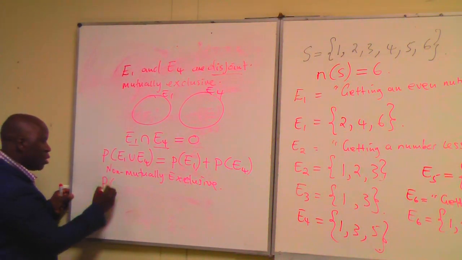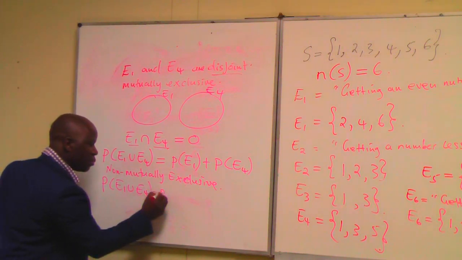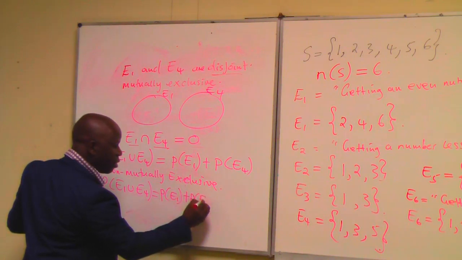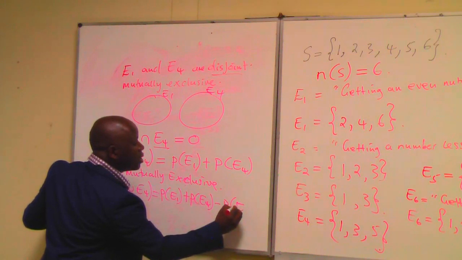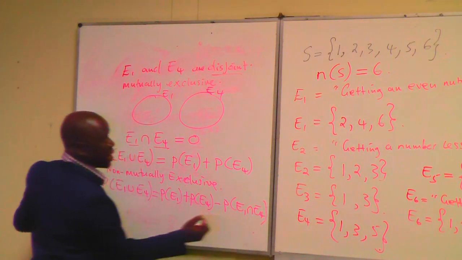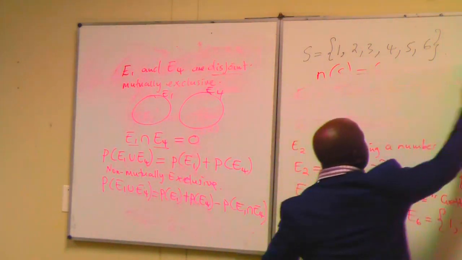The probability of E1 union E4 will be equal to the probability of E1 plus the probability of E4, but we will have to subtract the probability of E1 intersection E4. I think here I need to illustrate so that you see what we are talking about.